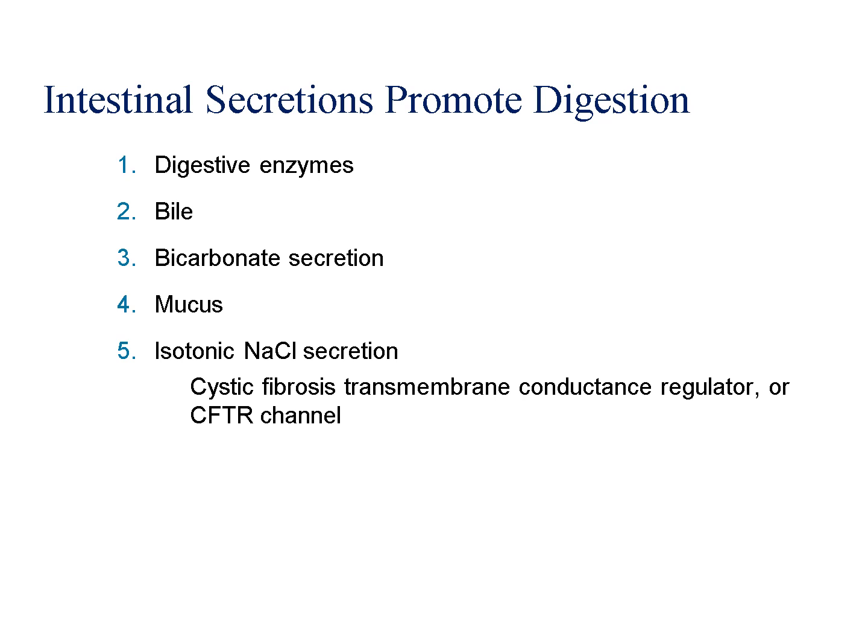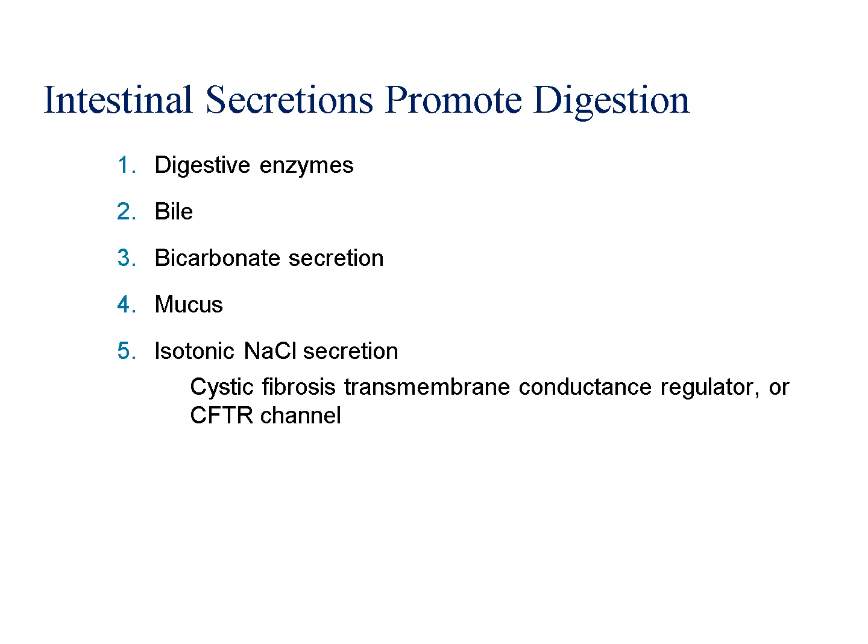The third secretion is bicarbonate, which is released primarily by the pancreas. Bicarbonate neutralizes stomach acid as chyme enters the small intestine, creating an optimal pH environment for digestive enzymes to function effectively. The fourth secretion is mucus, which is produced by goblet cells in the intestinal lining.